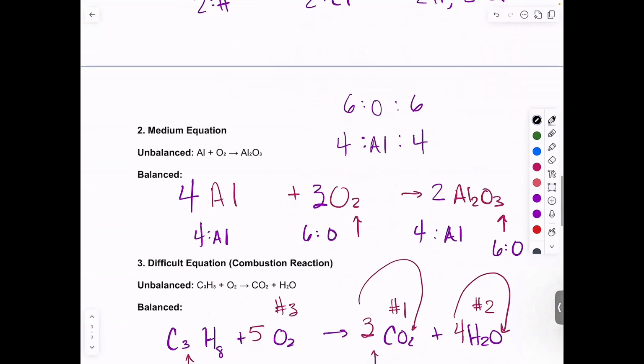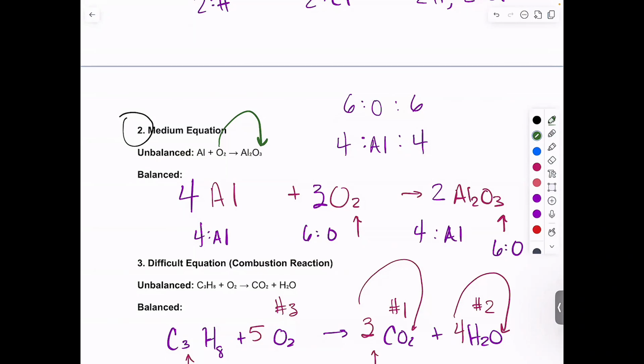So on number 2, just to discuss that real quick, when you're writing out a skeleton equation and you notice that subscripts change, like for instance, oxygen went from O2 to O3, that's a signal you need to balance somewhere. You need to balance out with the coefficients.